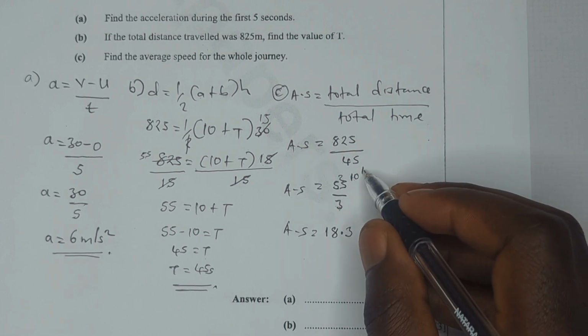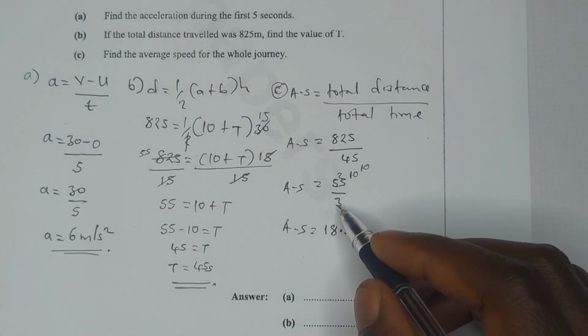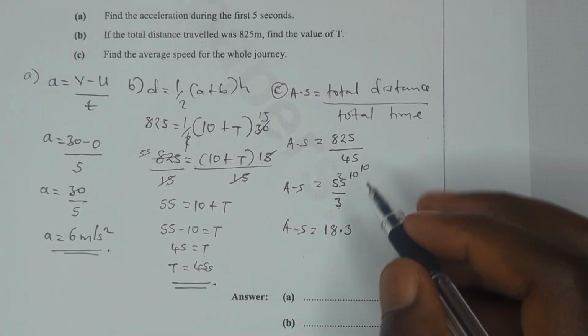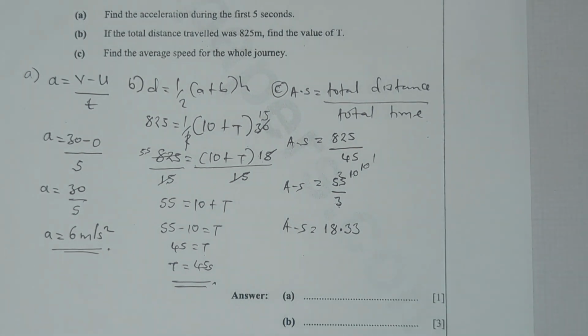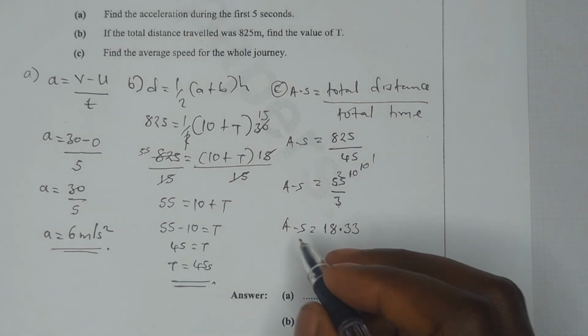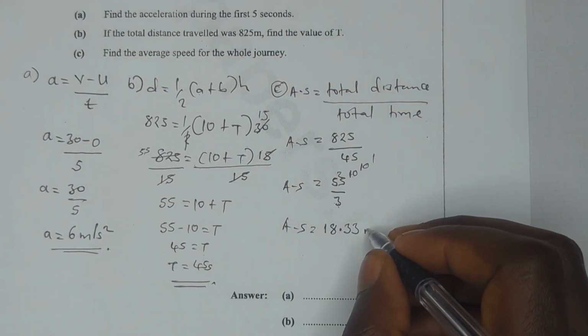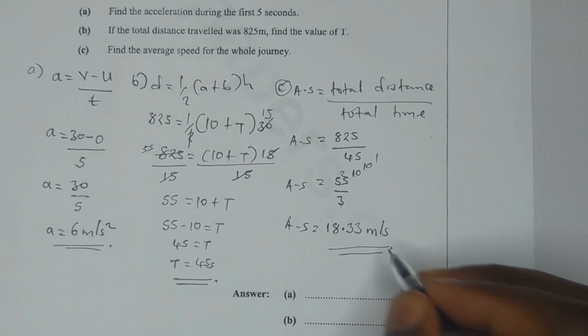This will keep recurring. We can just leave our answer to 2 decimal places. The SI unit for average speed is meter per second. So this is our answer here.